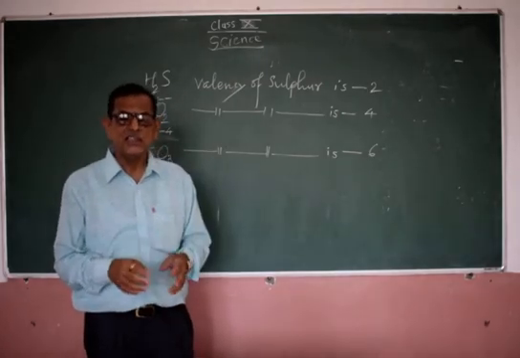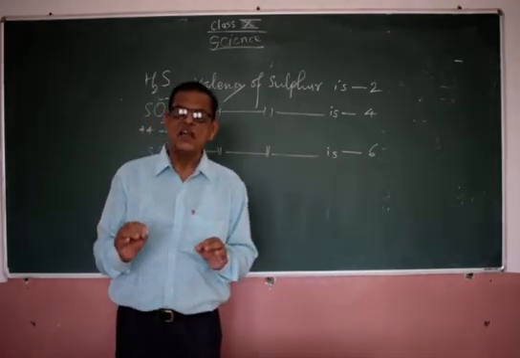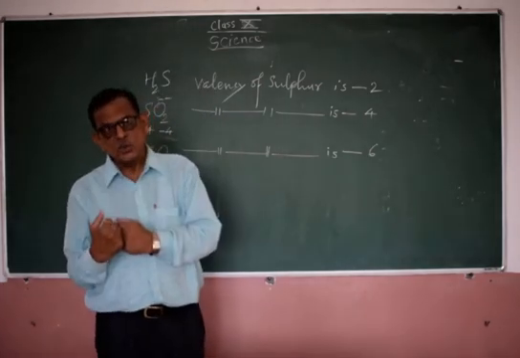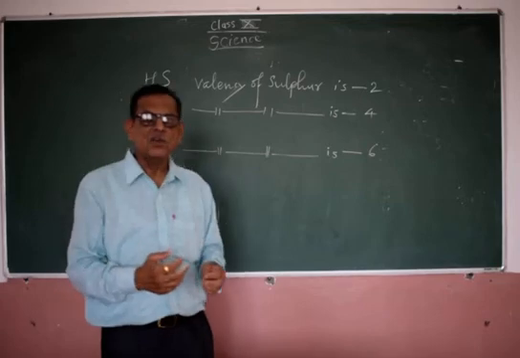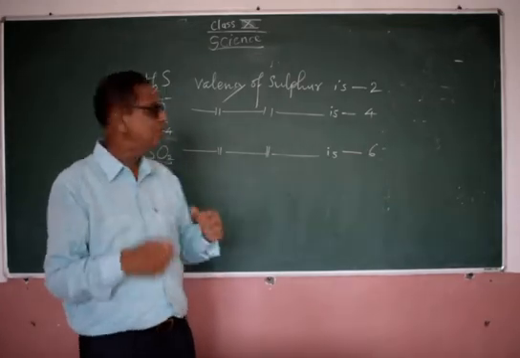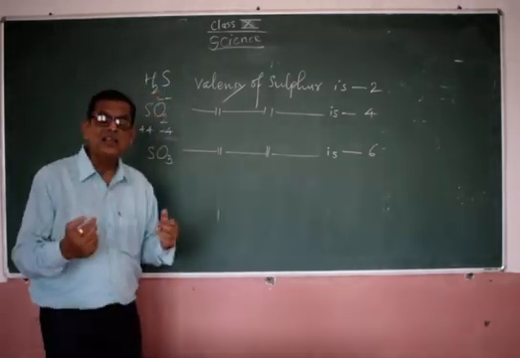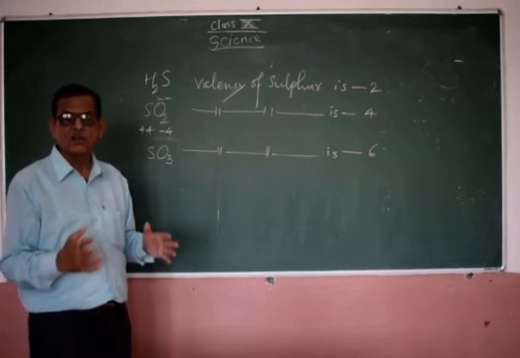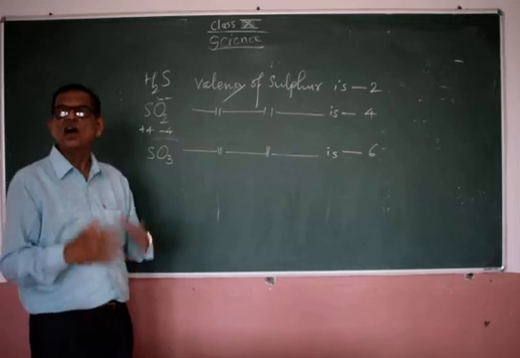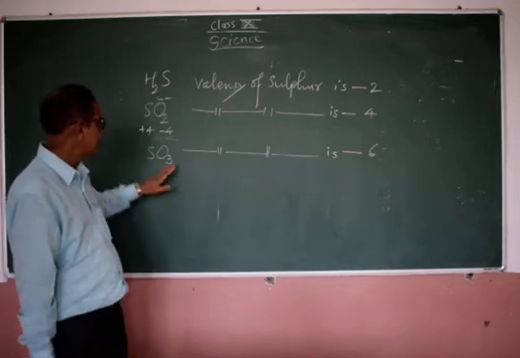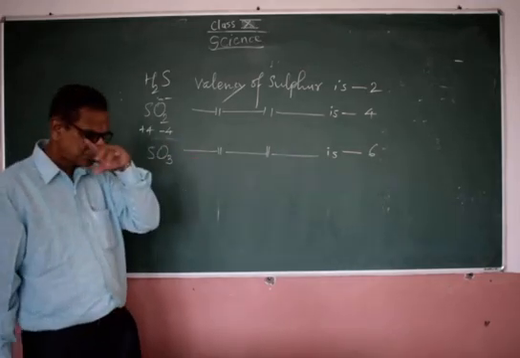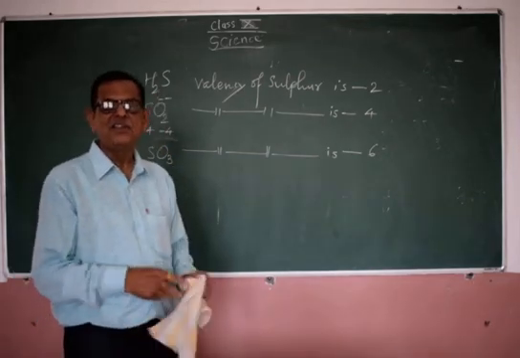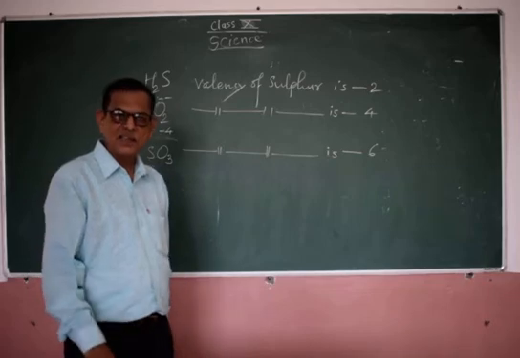In short, we can say that it is the tendency of an element to attract electrons towards itself. And if the electrons are attracted towards itself, then it will acquire a partial negative charge, and in this way the valency is defined and we can calculate the valency.